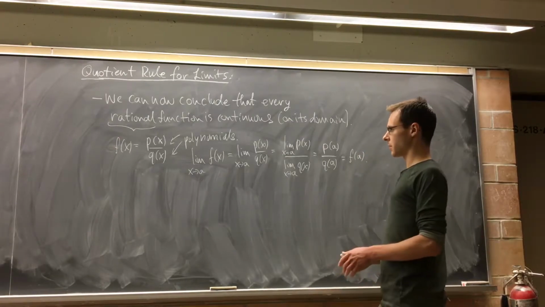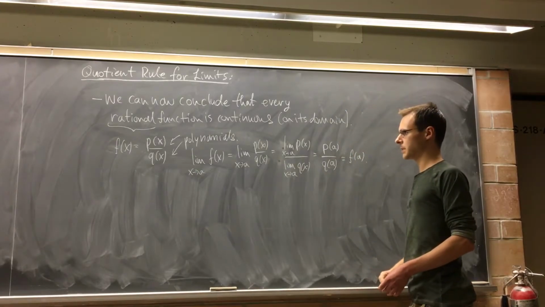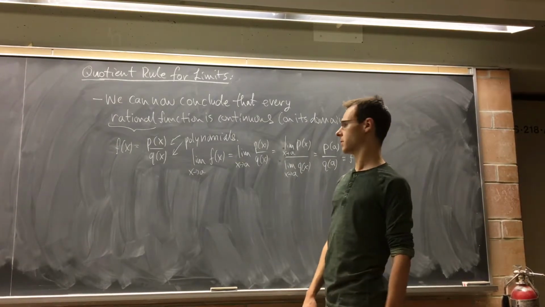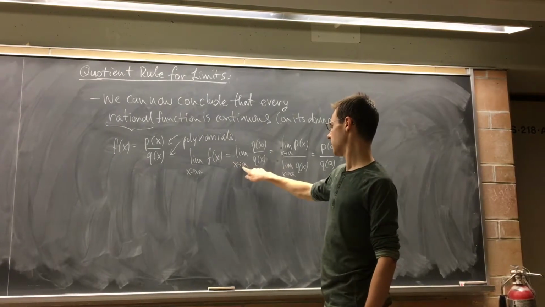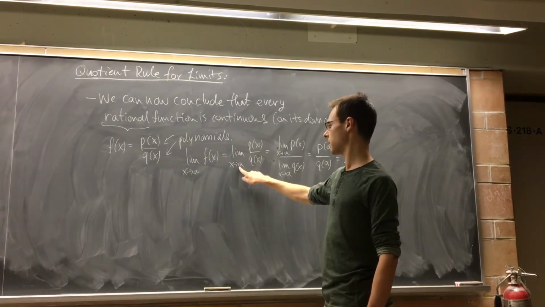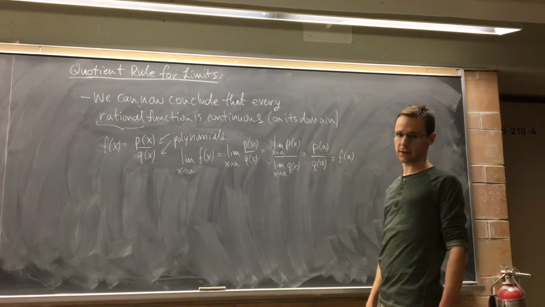So the quotient rule, which we used over here to split up the limit, helps us in proving that all rational functions are continuous as long as the value a chosen is within the domain of the rational function, meaning q of a is not equal to 0.